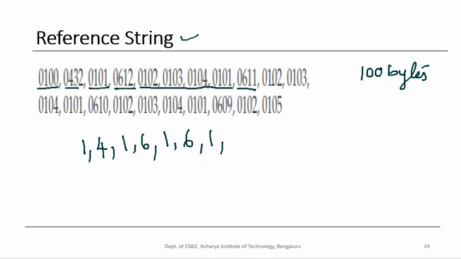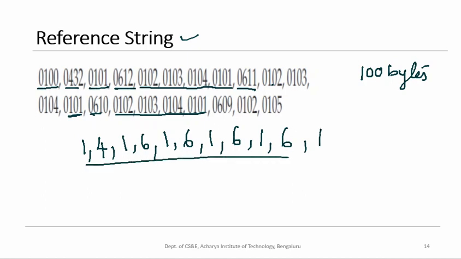From here to again here 0101, these are all the references to page 1. Then we have again a reference to page 6. Then from here to here we have references made to page 1. Then there's a reference to page 6, page 1 again. Okay. Now we call this the reference string.